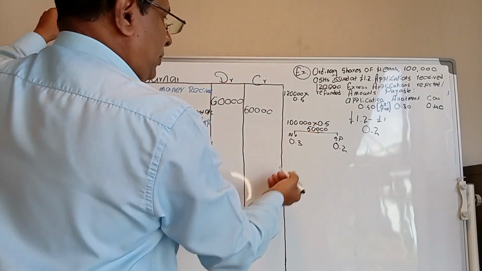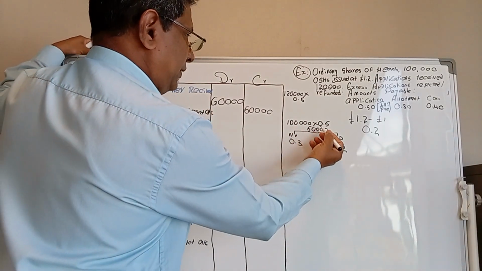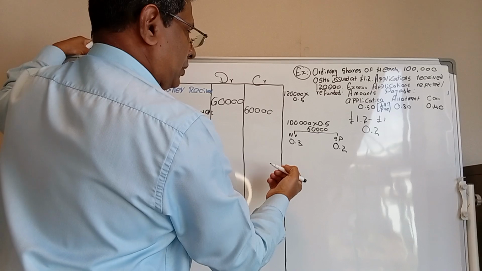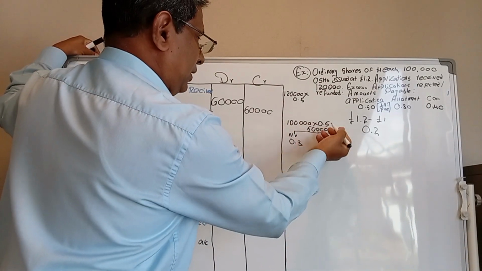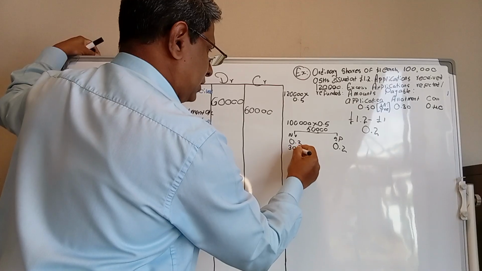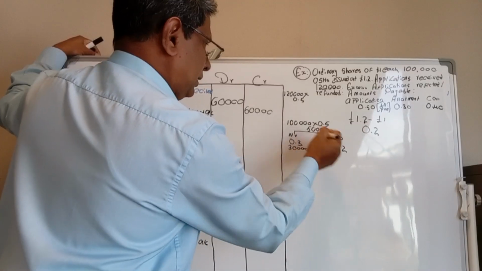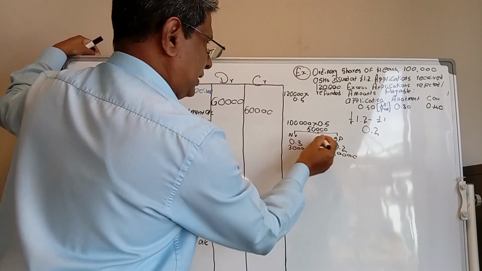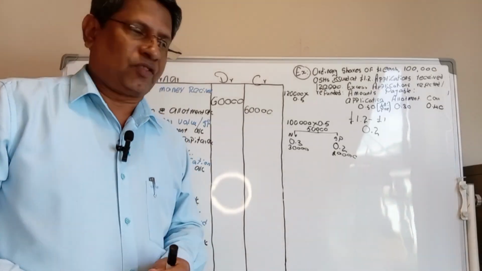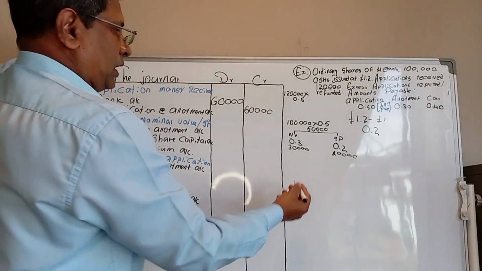Then my nominal value will be 100,000 into 0.3, and the premium 100,000 into 0.2. So 100,000 into 0.3 will be 30,000, and 100,000 into 0.2 will be 20,000. Now you can see 30 plus 20 makes up the 50.